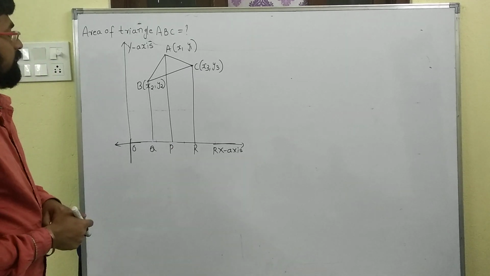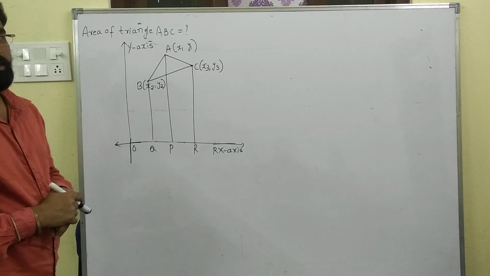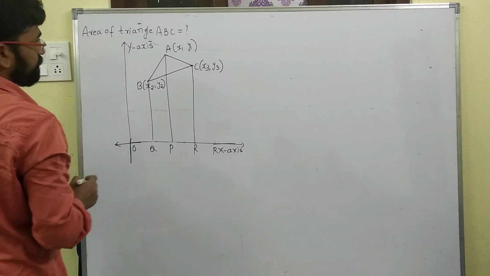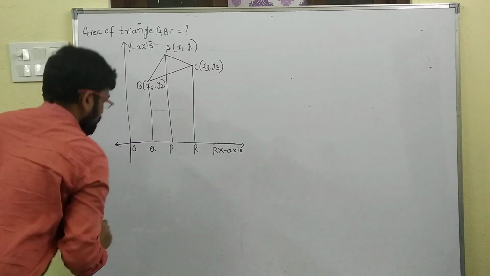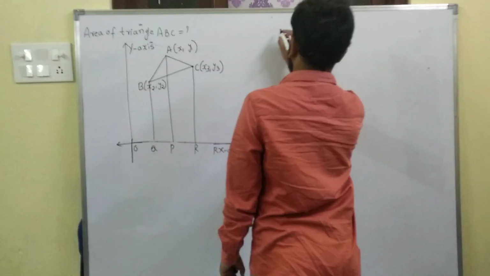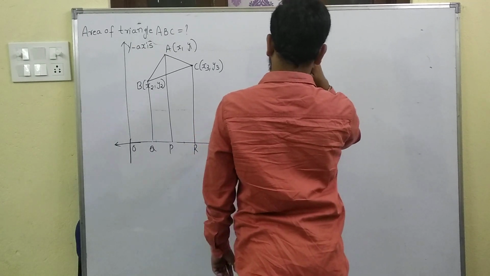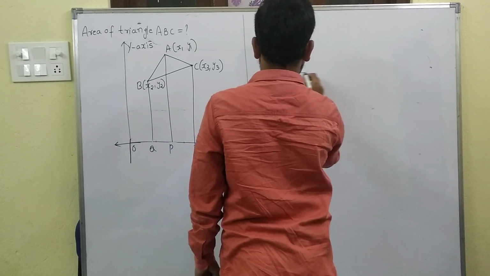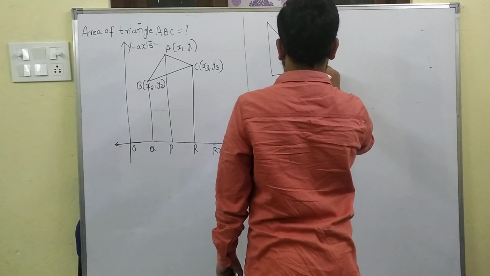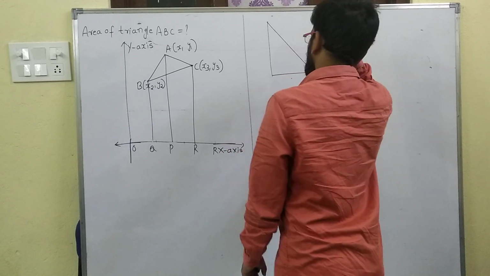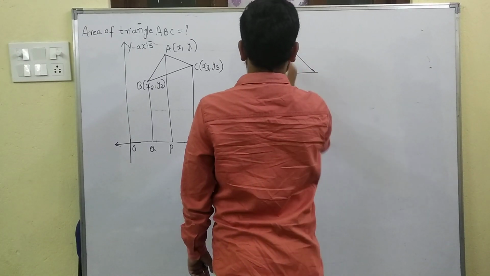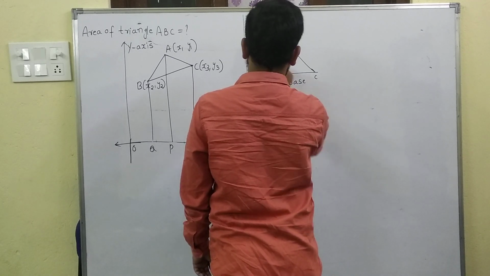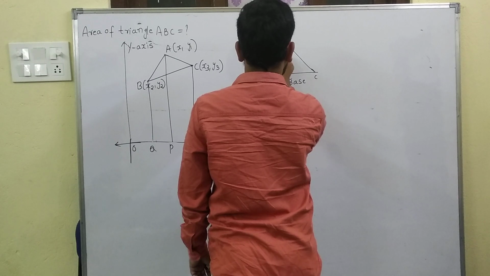Are you ready? If the points are given like this, then how do we find the area of the triangle? Let us see, I am drawing here. If we have a base, to find the area of a triangle we have various methods. The triangle is like this, with A, B, C. This is called the base, and this is the height.